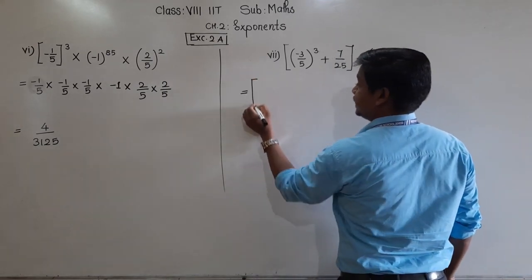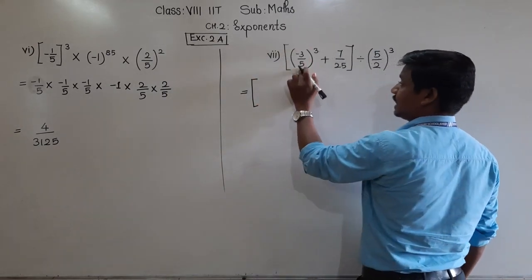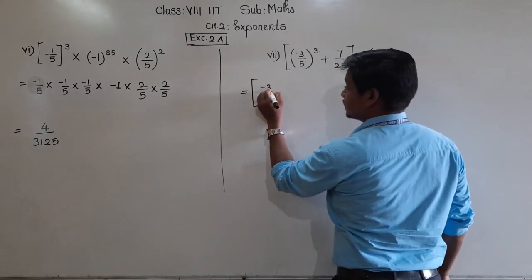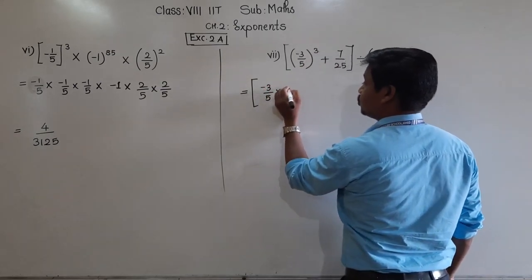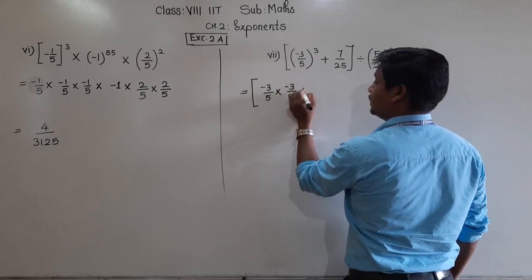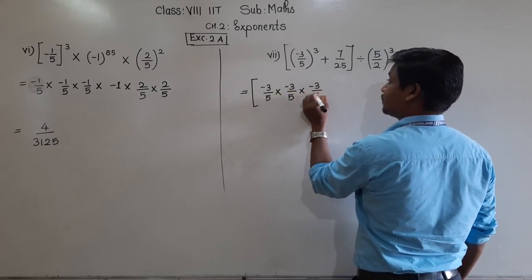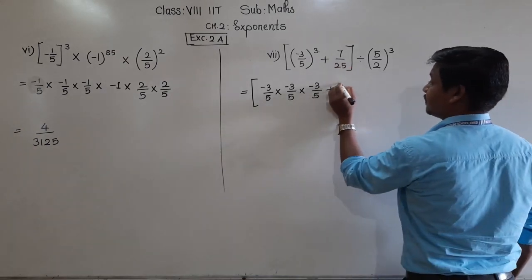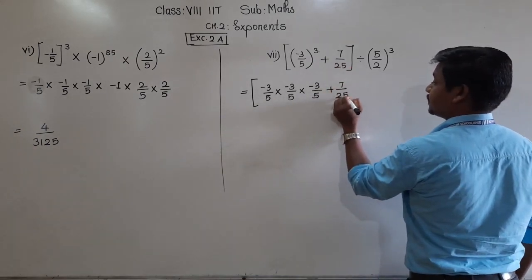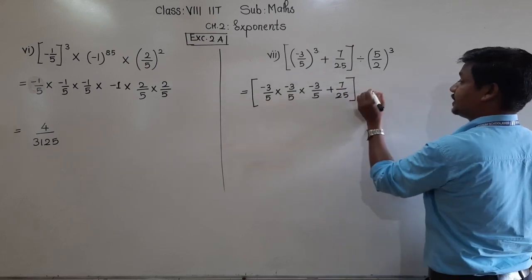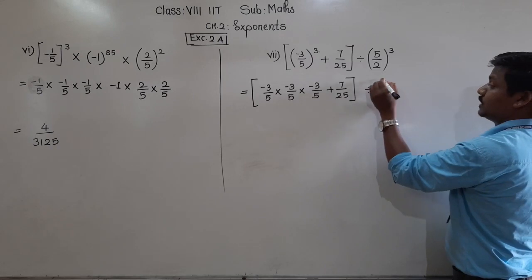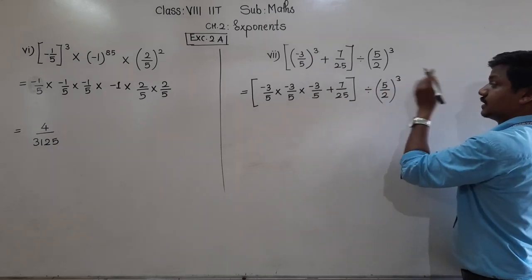Now in the bracket we have minus 3 upon 5 raised to the power 3. That's why it will be written as minus 3 upon 5 into minus 3 upon 5 into minus 3 upon 5, plus 7 upon 25, divide by 5 by 2 raised to the power 3.